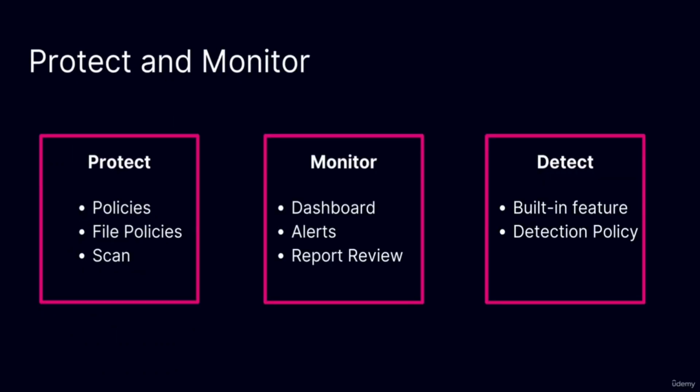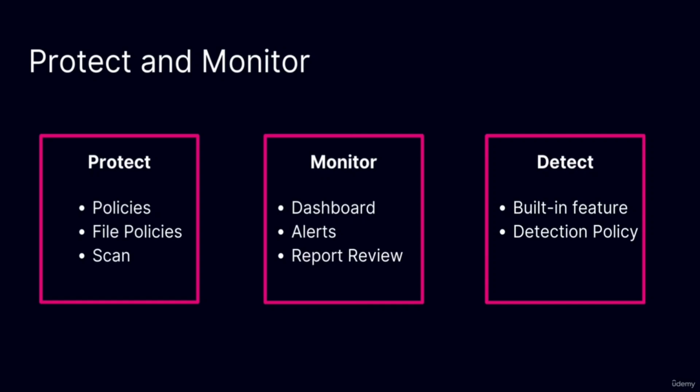So, finally, to bring it all together, let's look at how we can protect our data. Our data protection has three main pillars. First of all, you need to take some steps to have policies that scan your files or fine-tune the policies to protect your data. Once you have all of these in place, you need to constantly monitor, and monitoring can be done by reviewing the dashboard, reviewing the alerts, and also reviewing the reports that are being generated.